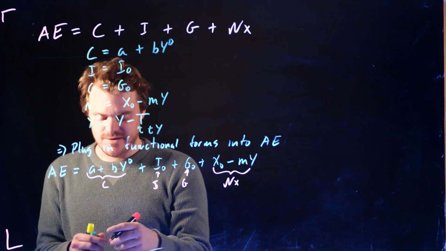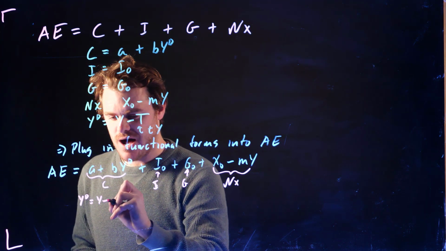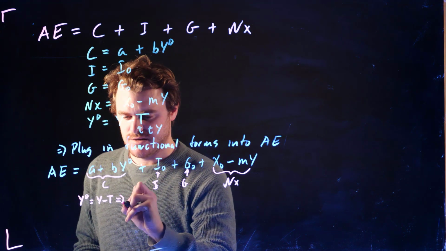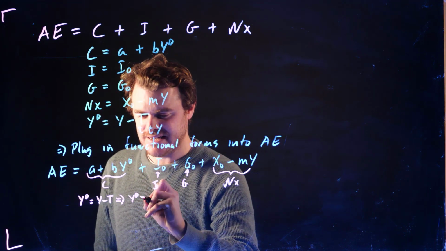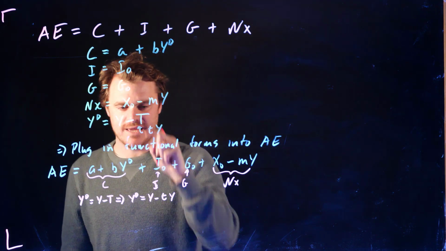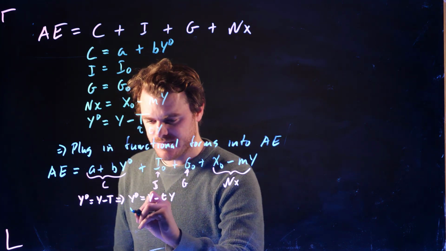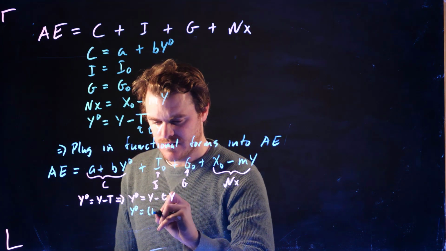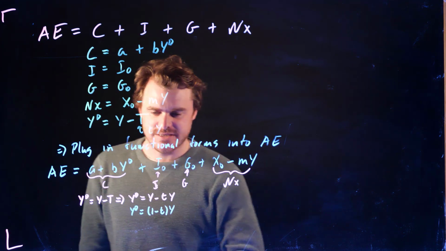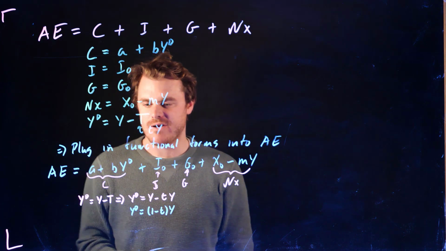Now we need to say that YD equals Y minus T, which means YD equals Y minus T times Y, just plugging in that functional form. We could collect the like terms here. And this is what our disposable income looks like. So we can just plug that right back in.